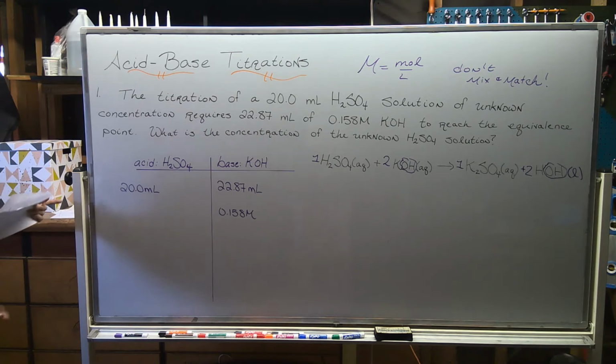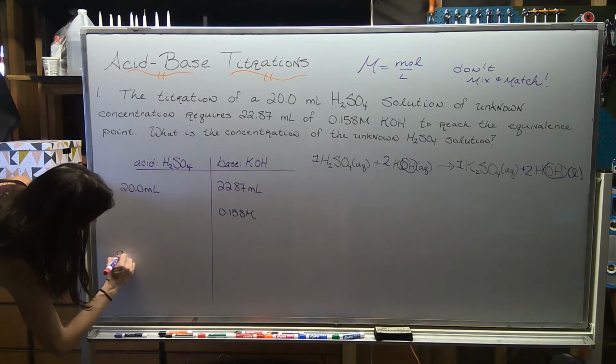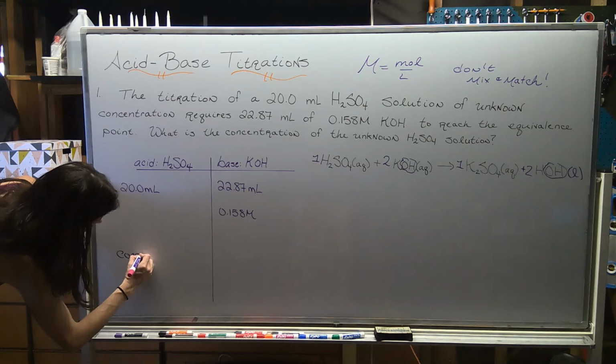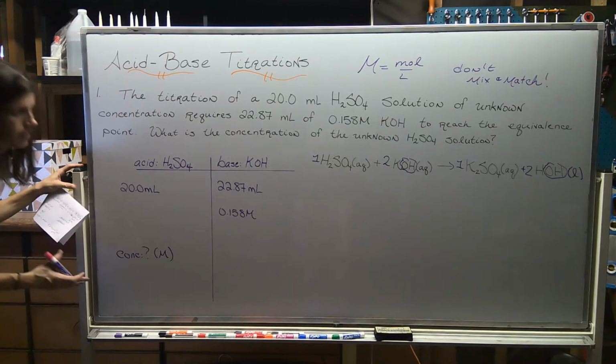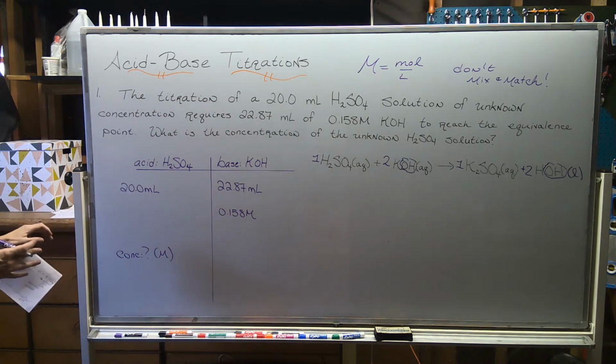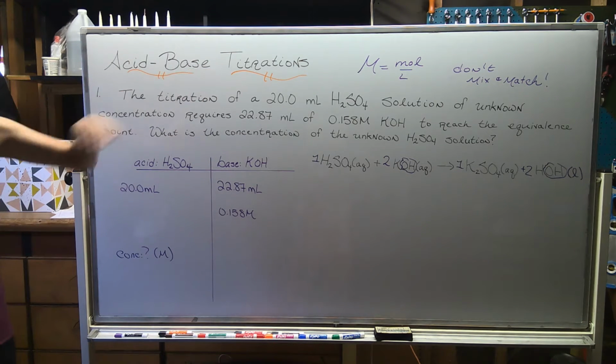To reach the equivalence point, what is the concentration of the sulfuric acid solution? So I'll just make note of that down here, that we're solving for concentration. And at least in this class, when they ask for concentration, you're looking for molarity. So again, that's why I referenced that formula.